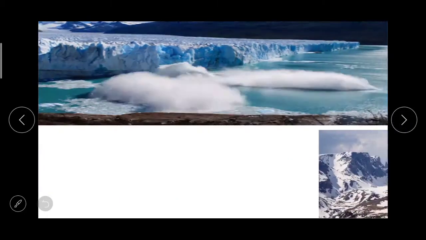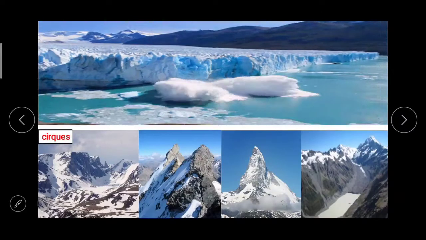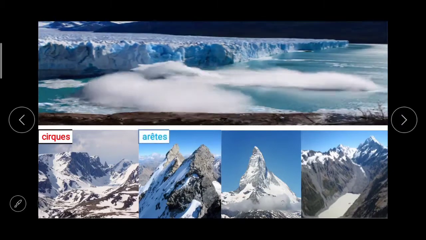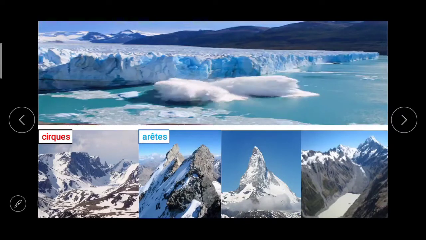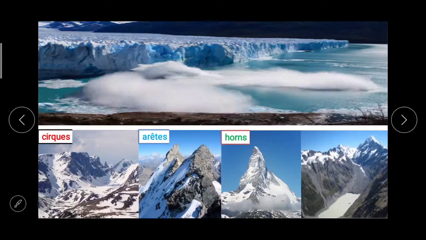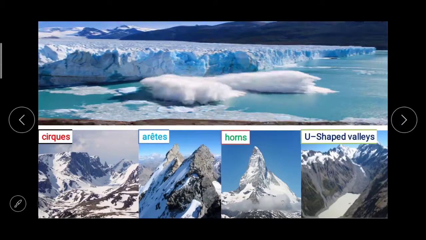And then the transportation and deposition by glaciers. Here again in detail you can see, so that you can understand the concept of that particular landform.